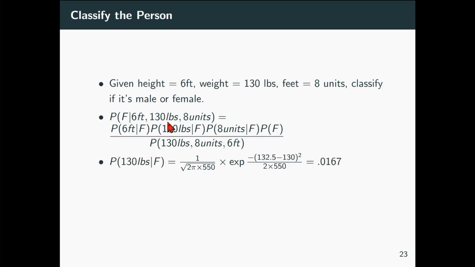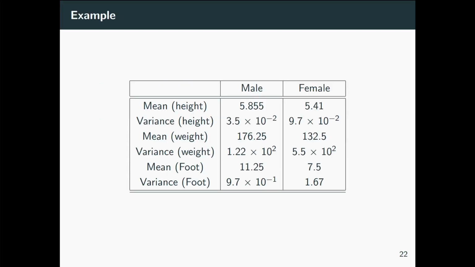So let's look at one particular term here, probability of 130 pounds given female. You're trying to see this from this particular two set of rows, right? So you have a normal distribution with mean 132.5 and variance 550.